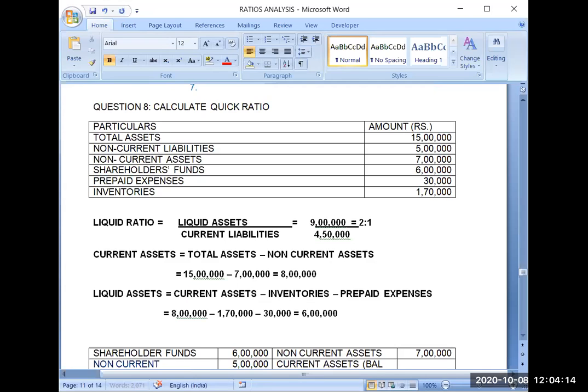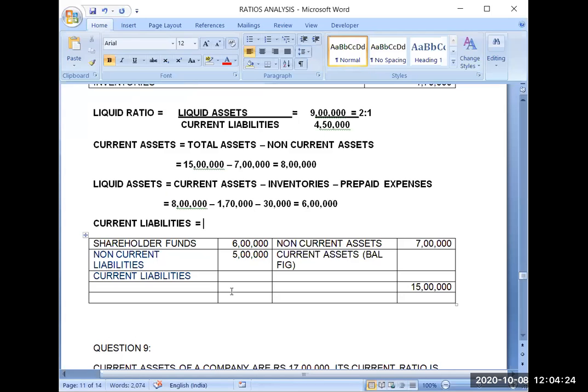Now I can calculate current liabilities. Current liabilities is equal to, see, total liabilities will also be 15 lakh. As per the rule of the balance sheet, total of liabilities will always be equal to total of assets.